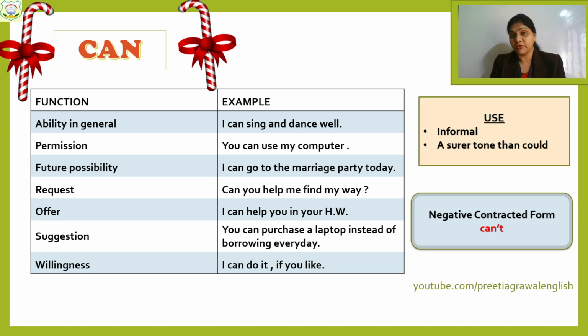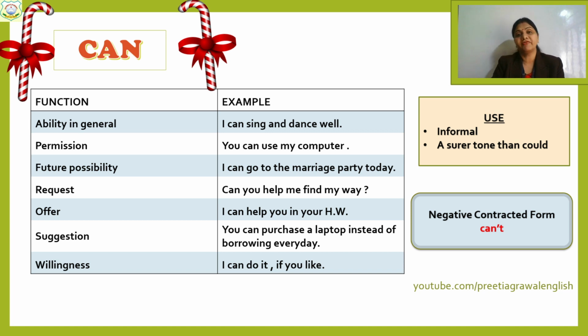Formal means, as when you write a formal letter, to whom do we write a formal letter? To our elders, or whenever we are taking permission from anyone. These are official letters and business letters. We write formal letters to those whom we do not know or those who are elder to us. And informal means we are not showing any formality.